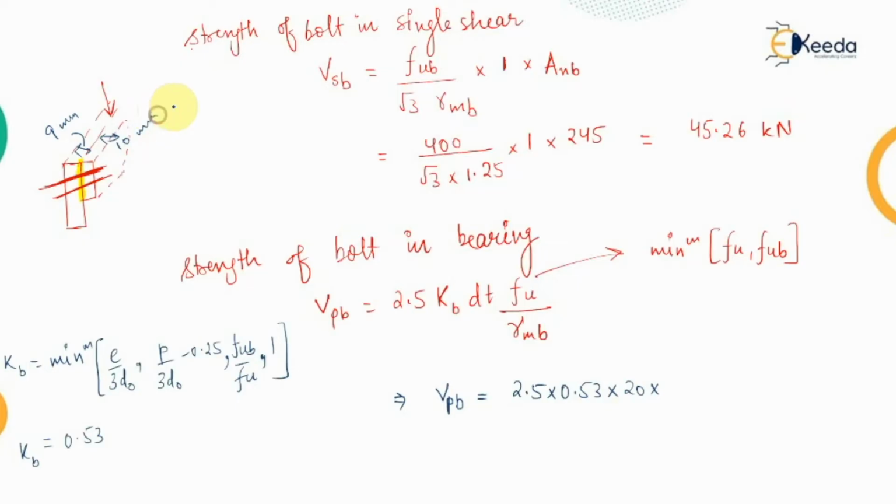So the thickness of the thinner member has to be taken, therefore this value will be taken as 9 millimeter, while the lesser value corresponds to 400 divided by 1.25. From here, if we calculate this value, it comes out to be around 76.23 kilonewton. Therefore, the strength of the bolt will be the minimum of these two values, that is 45.26 and 76.23.